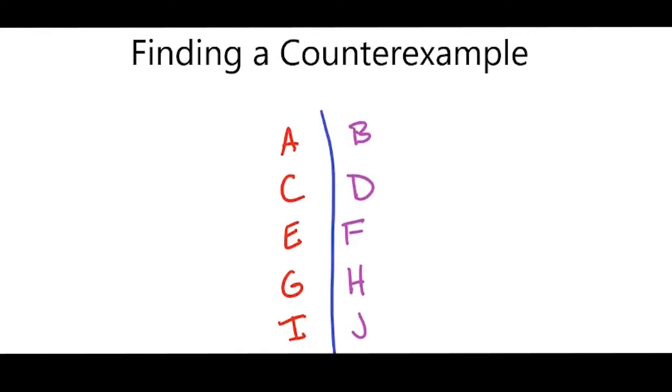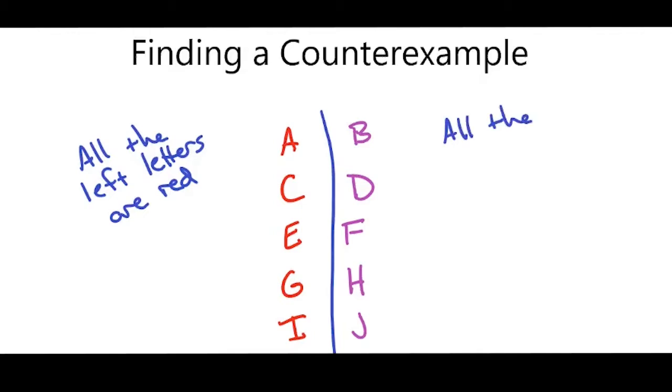So here I have some letters. The letters on the left all seem to be red, and all the letters on the right seem to be purple. So I'm going to assume, based on this pattern, that all the left letters are red and all the right letters are purple.